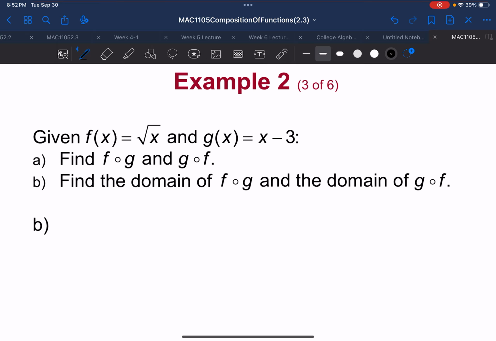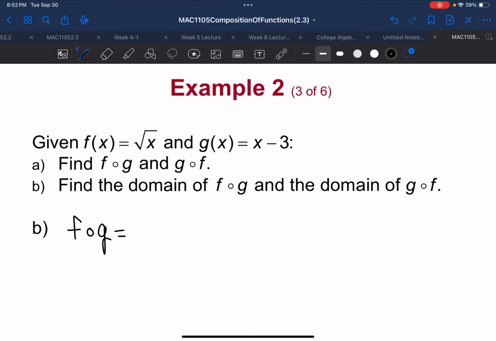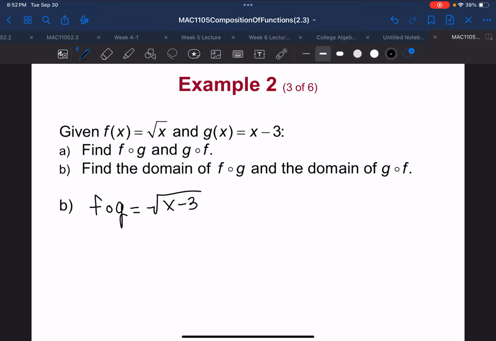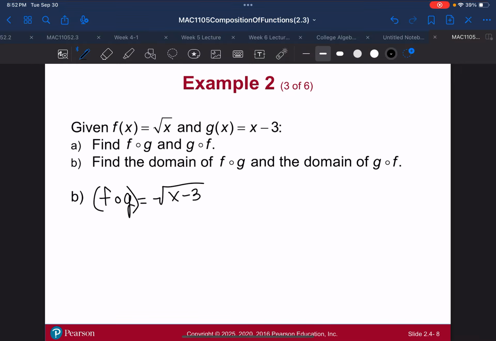But let's just talk about how we can find the domain of f of g algebraically. So remember, f of g was equal to the square root of x minus 3 from the previous slide. So if I wanted to find the domain of this function, then I need to talk about the restrictions of this function.